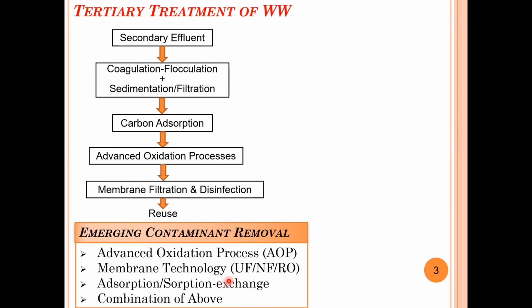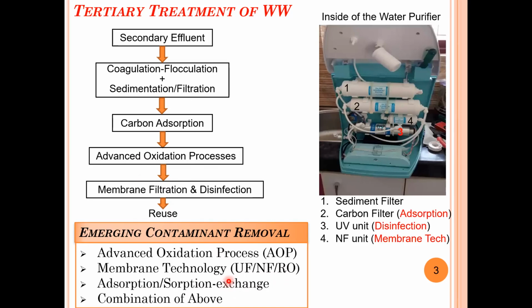But if you look closely at a household filter, because this is the filter which I use in my household, it is a 4-stage process. It has a sediment filter, then a carbon filter for adsorption, UV disinfection, and the membrane. I have a very cheap filter, that's why it has the NF filter here.